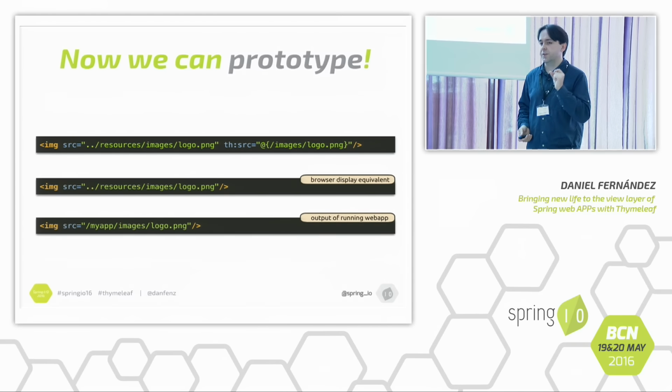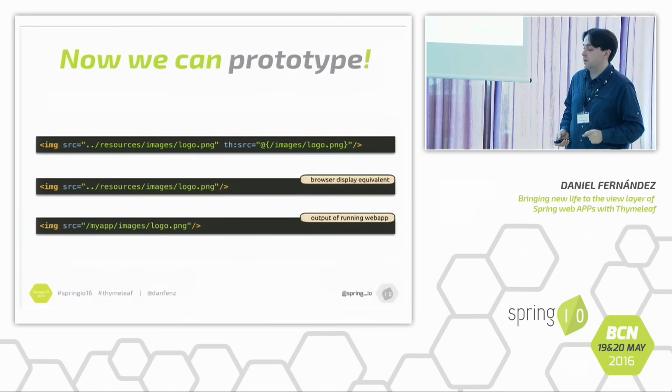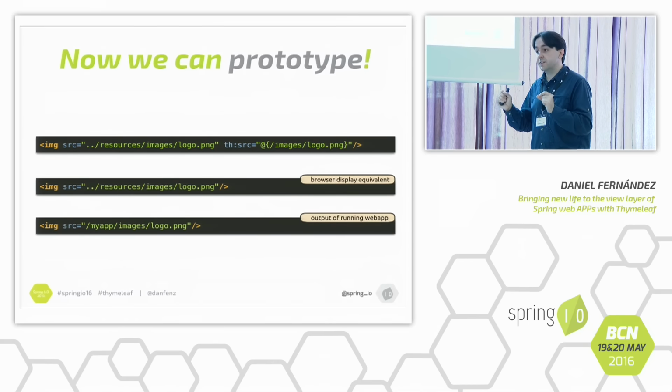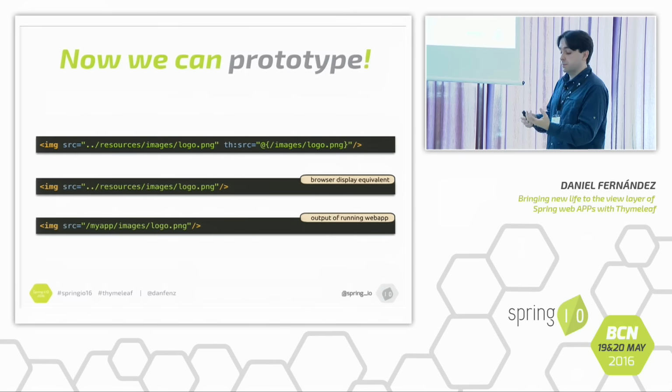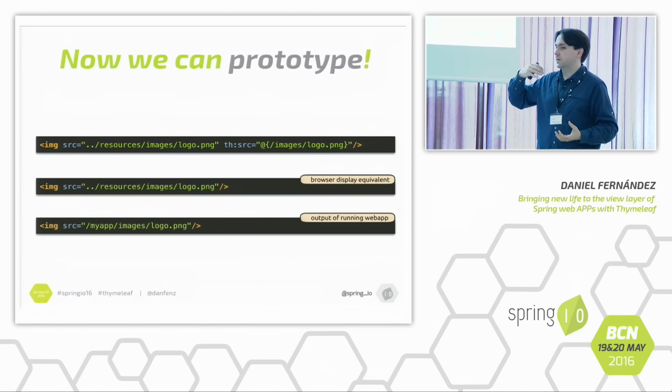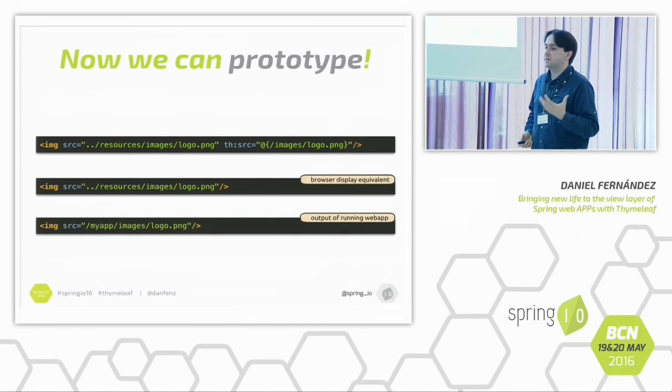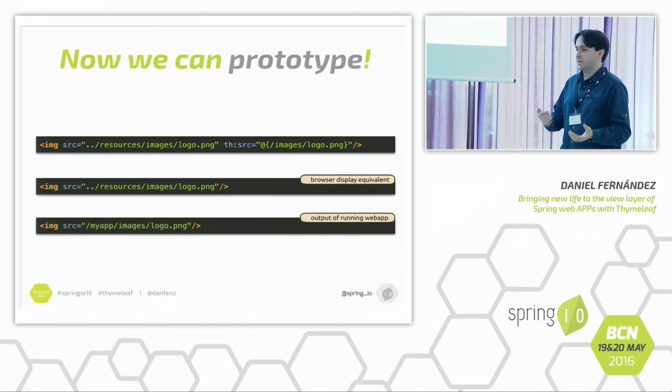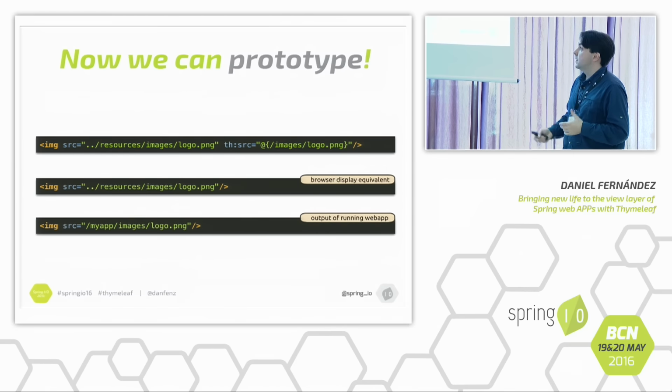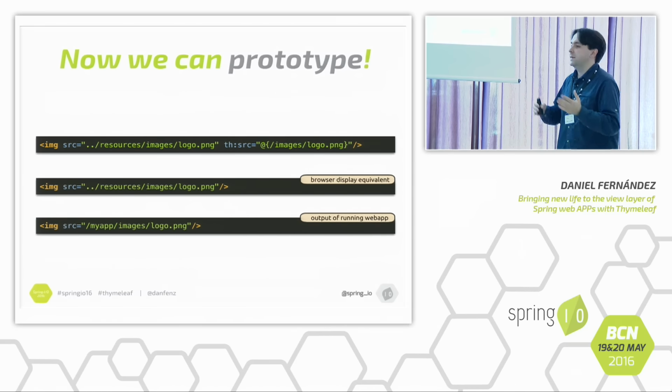That other attribute, when executed by Thymeleaf on a running web server, will evaluate that expression, which is a link expression. In this case, it will, for example, add the application context name as a prefix. It will apply the JSESSIONID if it is needed. It will, for example, apply URL rewriting. And then, with the result of that, it will replace the value of the SRC attribute, so that in just one block of code, we have something that works both statically and dynamically.